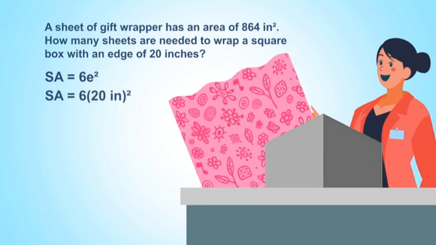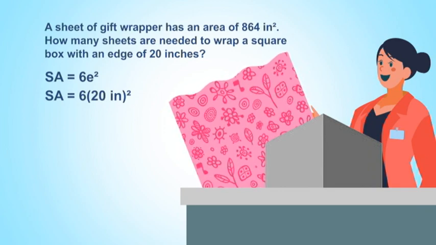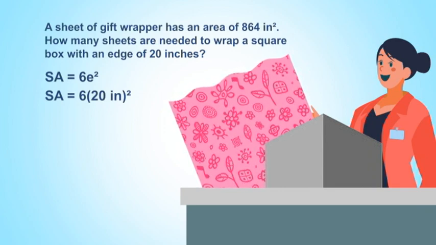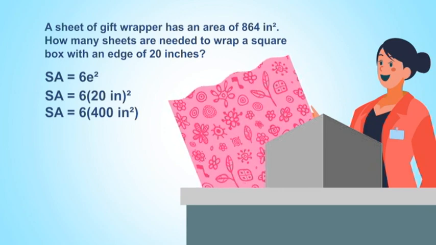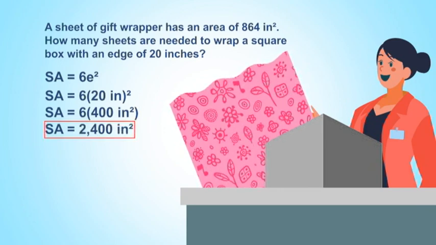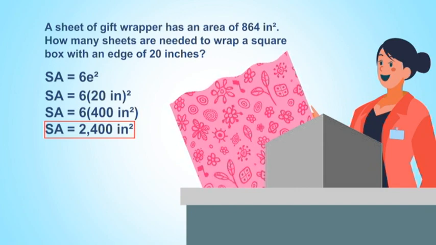Plugging the given value for the edge, we get surface area equals 6 times 20 inches squared. Surface area equals 6 times 400 square inches. This gives us a surface area of 2,400 square inches. Now we can find out how many sheets are needed to cover the cube.